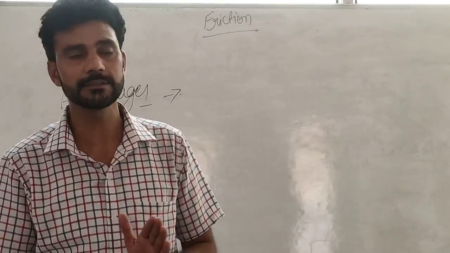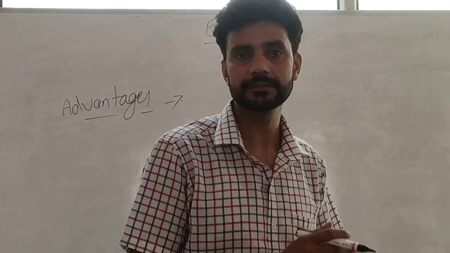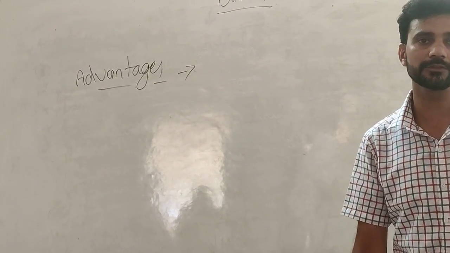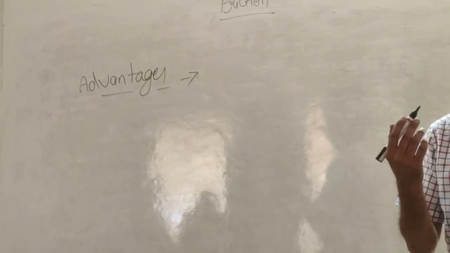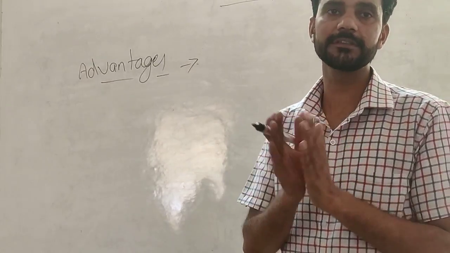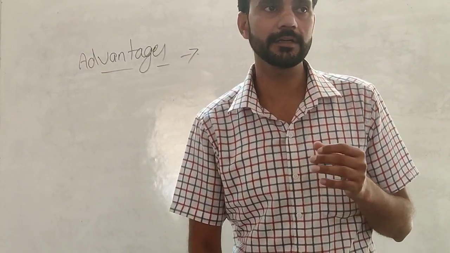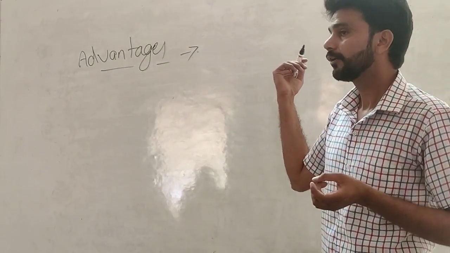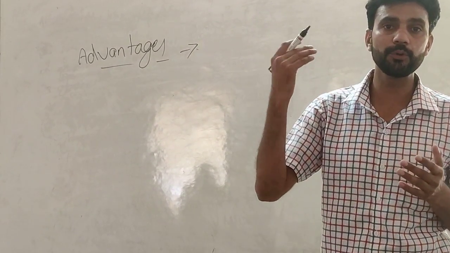Now disadvantages. We have discussed the effects. It will reduce the size of things, so it will increase the chance of accident, because there can be an accident if the size of the parts of machines reduces. Second, wear and tear we have discussed, and it produces heat energy.